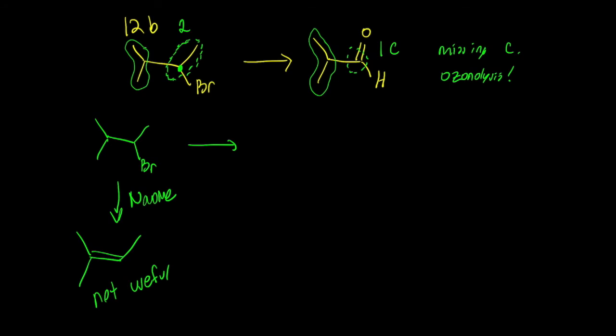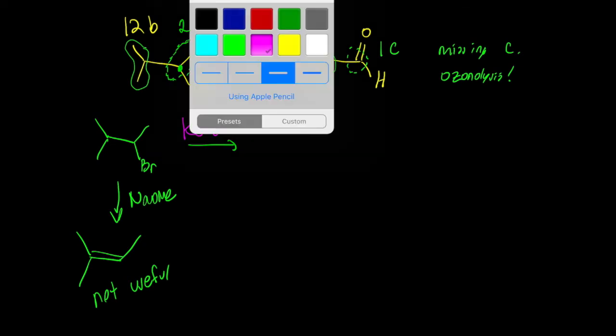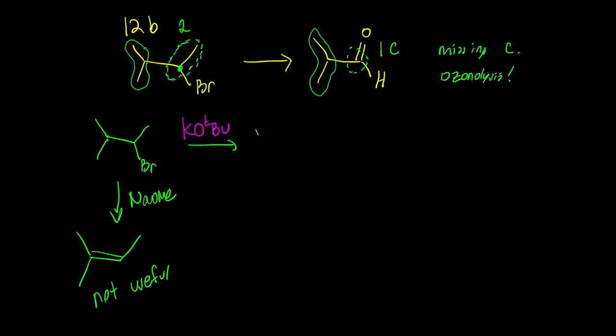So we want to use potassium tert-butoxide. That's how we write that. And this is going to give us the Hofmann product, where the double bond is between these two carbons here. And now we can take this and destroy it by treating it with ozone and zinc and acid.